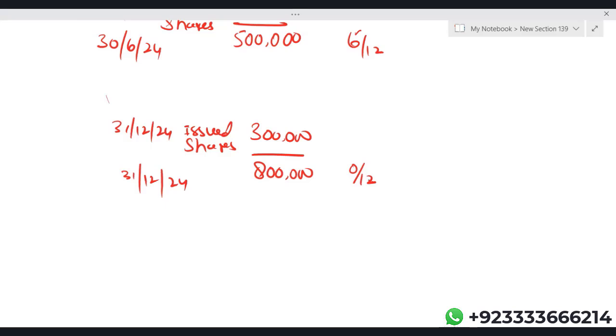But obviously, those shares will be, number one, recorded. Number two, those shares will be included in the SOFP, when the company prepares the statement of financial position.